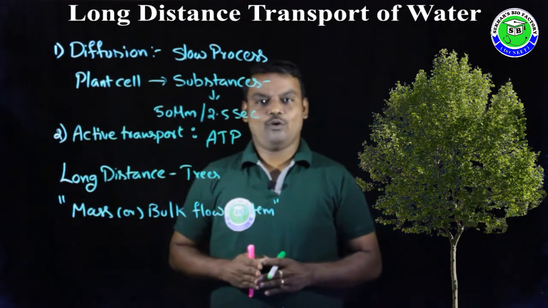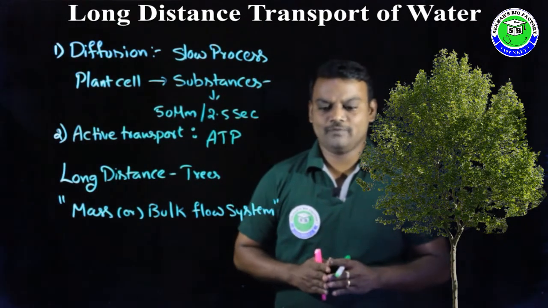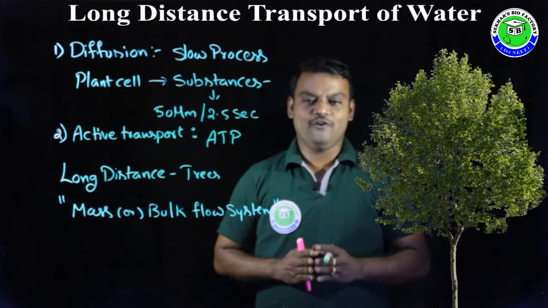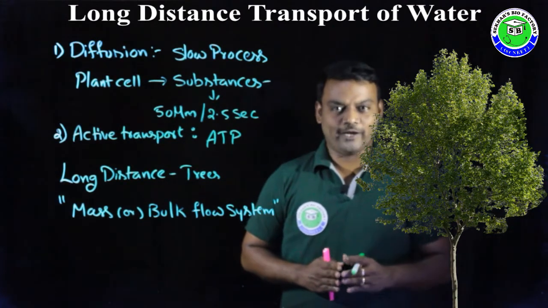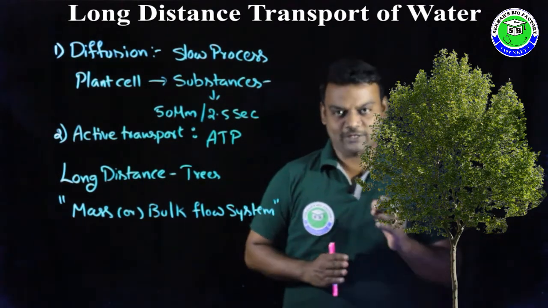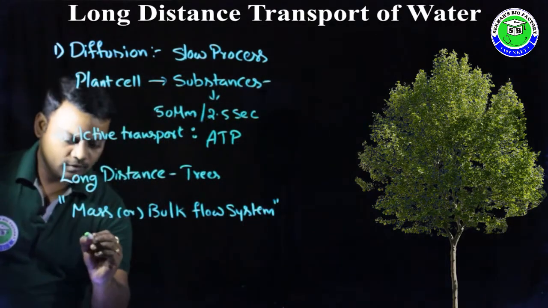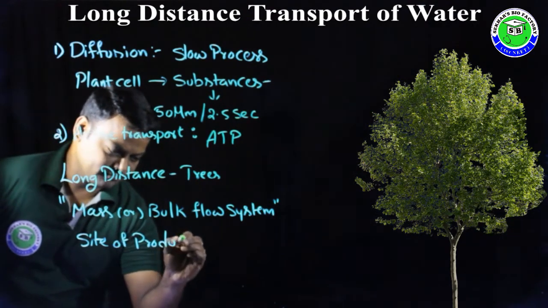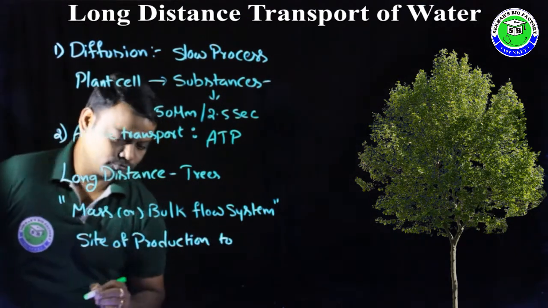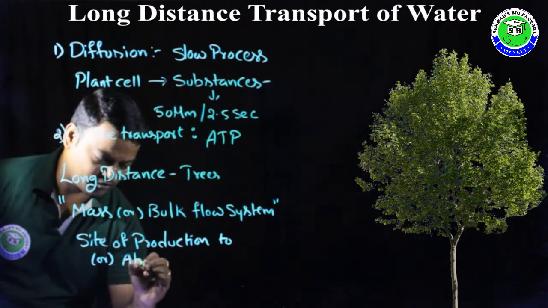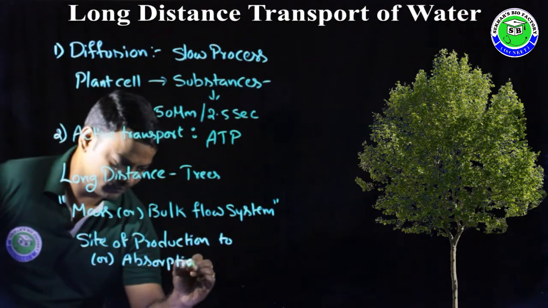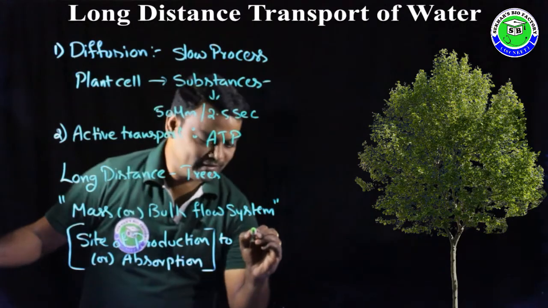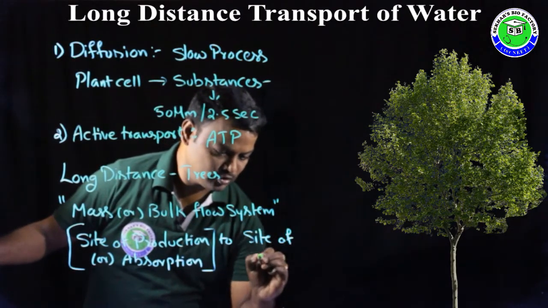In this mass flow or bulk flow, not only water, but along with water, various mineral salts, hormones and food substances can be transported from one point to another point, especially from the site of production or absorption to the site of storage.